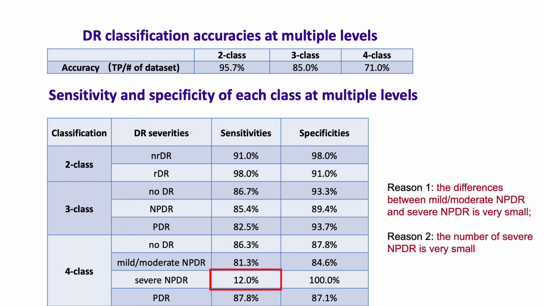We also noticed that the sensitivity on detecting severe NPDR is quite low. There are 2 reasons. First, the difference between moderate NPDR and severe NPDR is very small. Second, the number of severe NPDR scans is quite small.